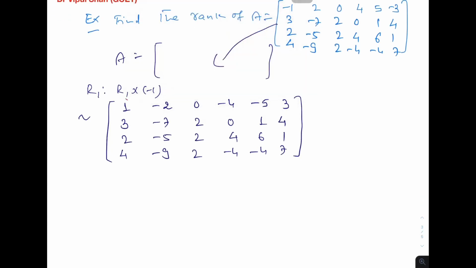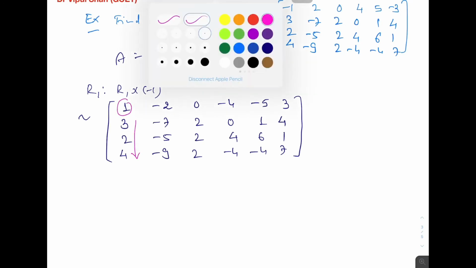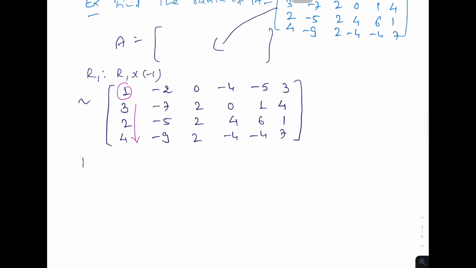Now by using this one, make all these three entries 0. It's not difficult. R2 minus 3R1, R3 minus 2R1, R4 minus 4R1.